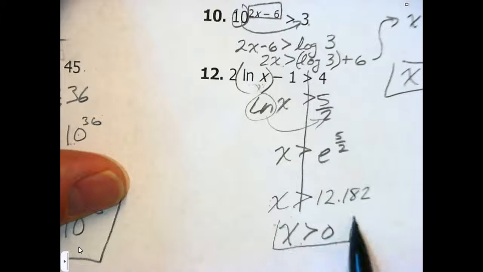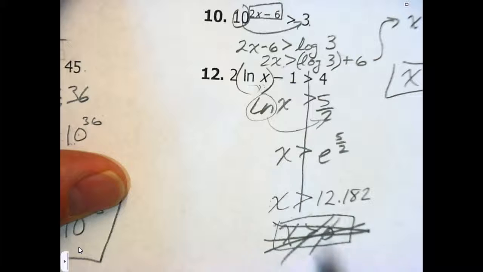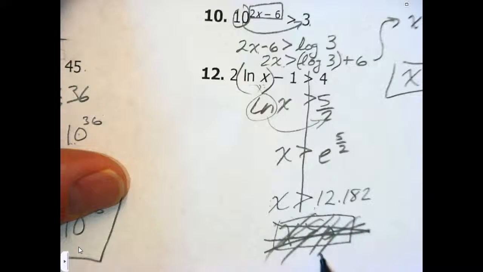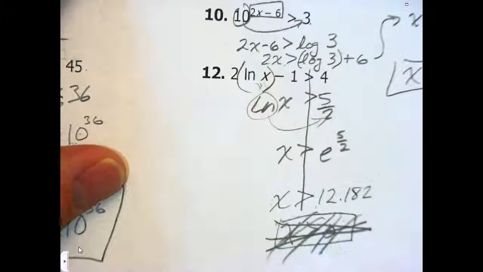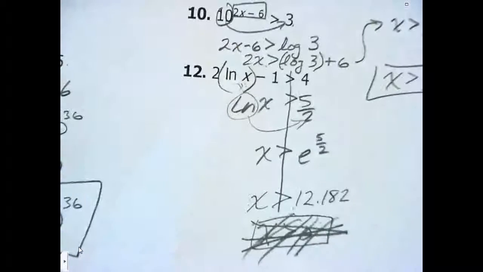Tell your neighbor why you don't need that this time. It's already greater. Okay, 12 is already greater than 0. Therefore, you don't have to put it. It would be redundant. Not to mention, you would actually be adding a bunch of values in between 0 and 12.182, or 12 and 182 thousandths. Okay. Questions?